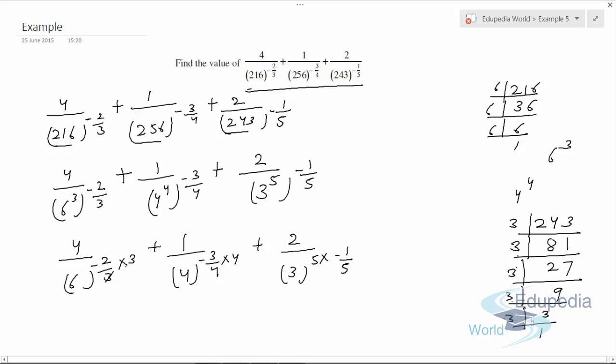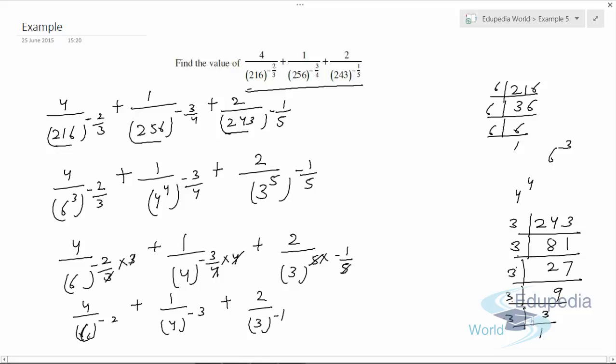Again we can cancel out. This and this will get cancelled. This and this will cancel. This and this will get cancelled. So the answer comes out to be 4 upon 6 raised to power minus 2 plus 1 upon 4 raised to power minus 3 plus 2 upon 3 raised to power minus 1.